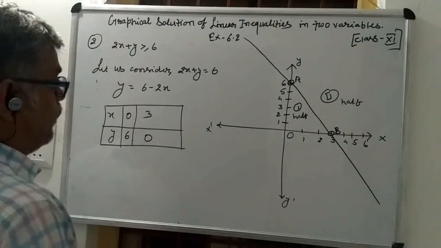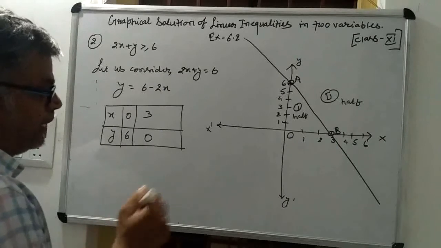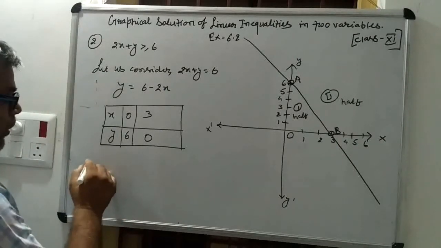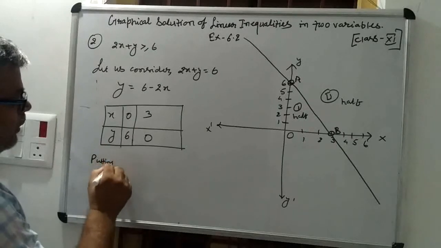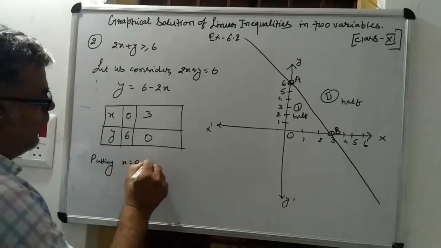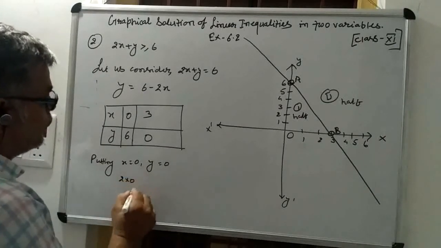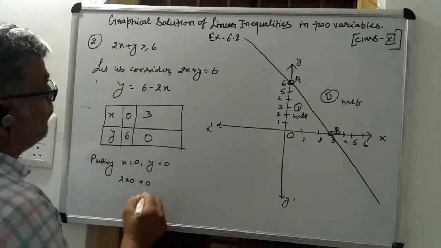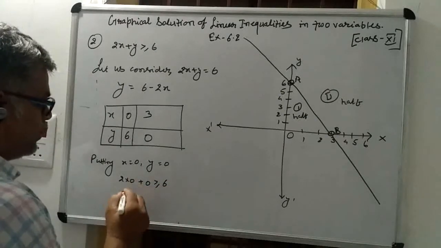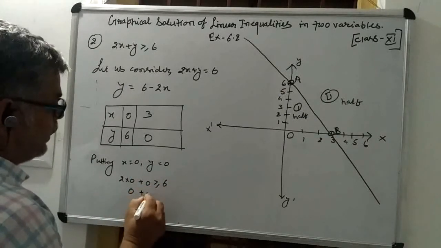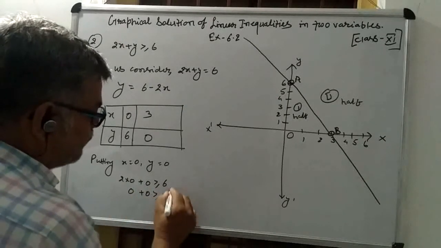Now just put 0, 0 in the inequality, putting x equals 0 and y equals 0. Then you will get 2 into 0 plus 0 is greater than or equal to 6. So it will be 0 plus 0 which is greater than or equal to 6. It means not true.